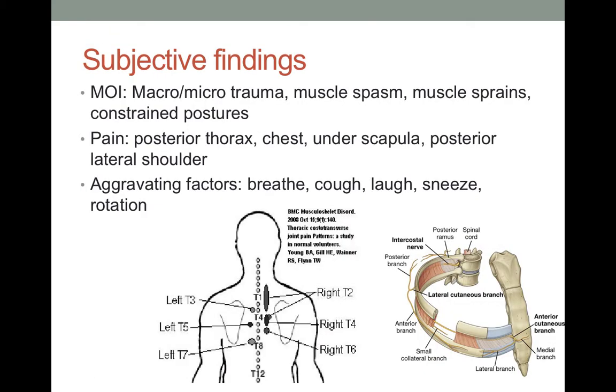So what subjective complaints may cue you into looking at this region for possible sources of pain and impairments? Common mechanisms include trauma, muscle spasm, muscle sprains, joint strains. Pain patterns include the posterior thoracic, chest, under the scapula, and posterior lateral shoulder.